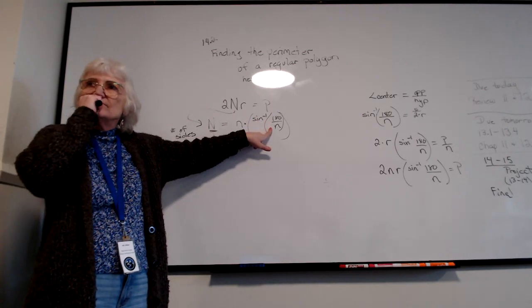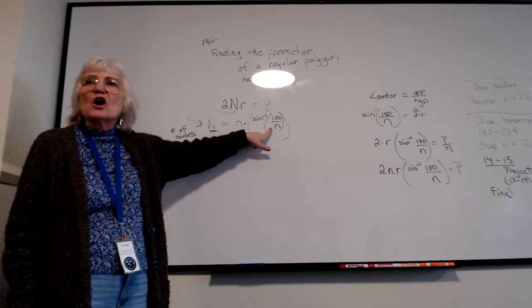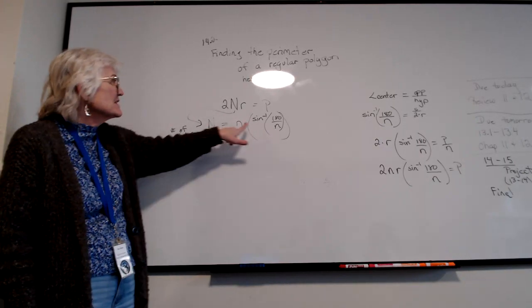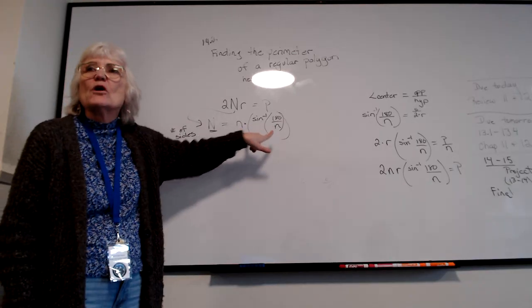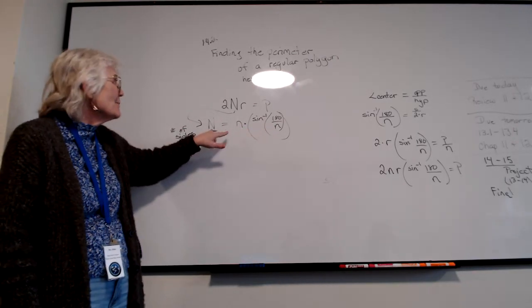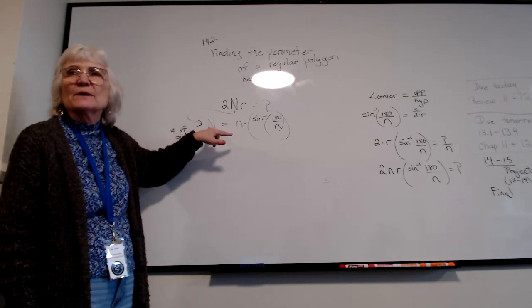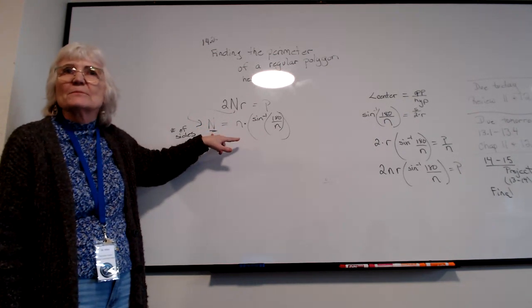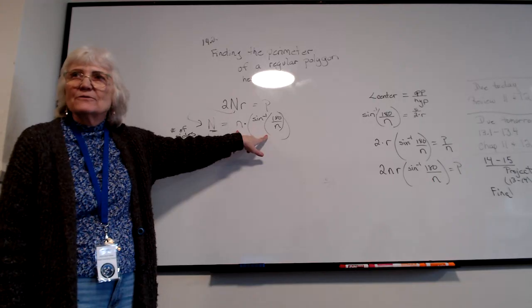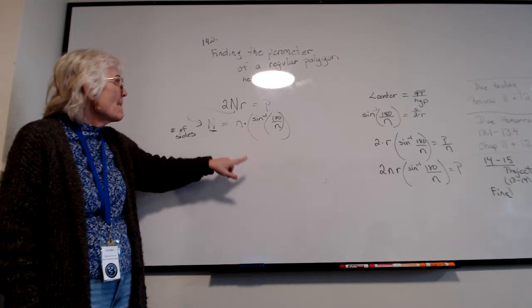So small n is the number of sides? Yes. And capital N is always this quantity, that special formula based on the number of sides. Does capital N equal the perimeter all the way around?